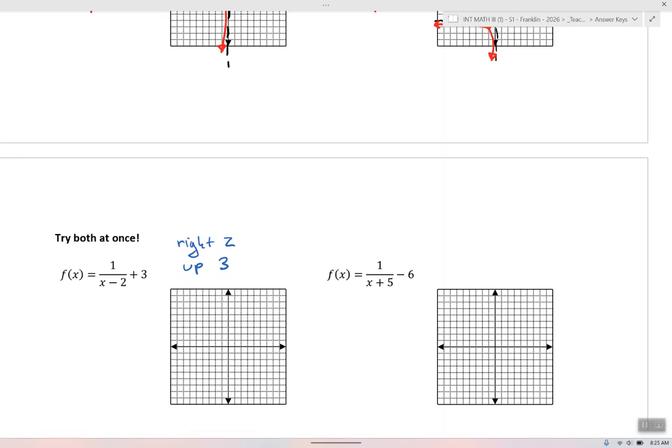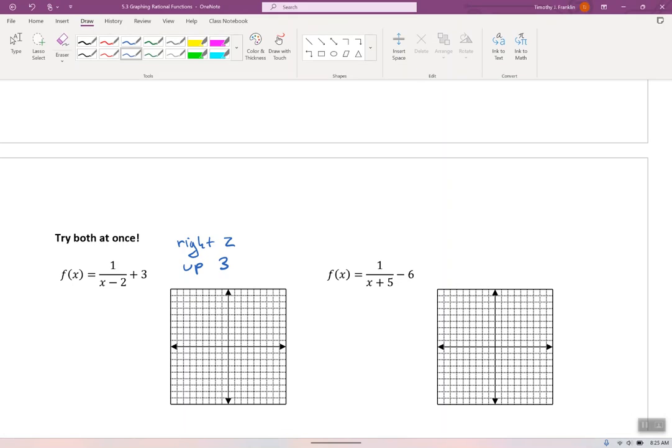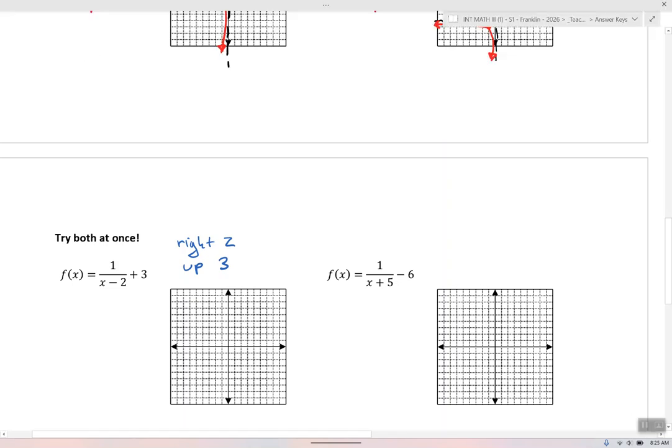If it's plus, it'll go left. It's kind of backwards. And outside the fraction, it will do what you expect. Positive goes up, negative goes down. So this goes right 2, so I'll have my vertical asymptote here. And up 3 means I'll have my horizontal one up here at 3.